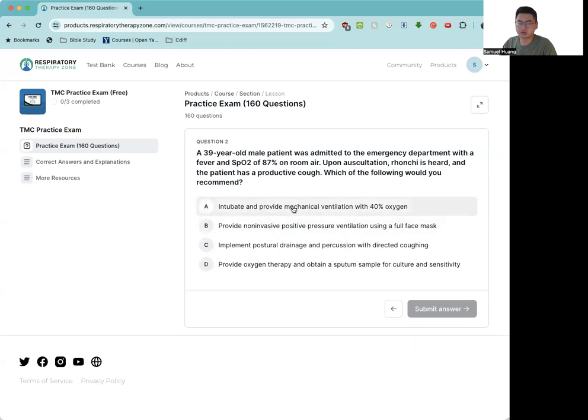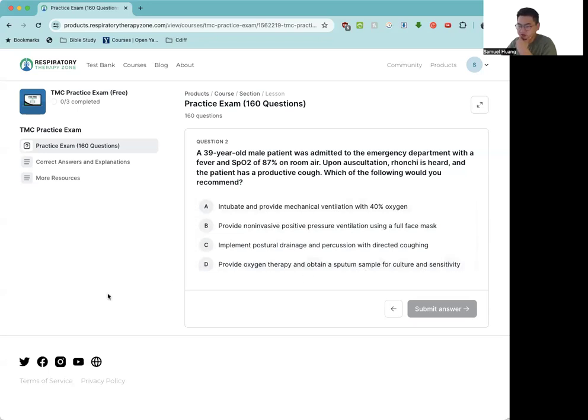You can try the less invasive modes first, like nasal cannula, non-rebreather, before going to ventilation, non-invasive positive pressure. That could be good. Implement postural drainage. That makes sense too. They have a productive cough. We can probably improve and break up the mucus, provide oxygen therapy, and obtain a sputum sample for culture and sensitivity.